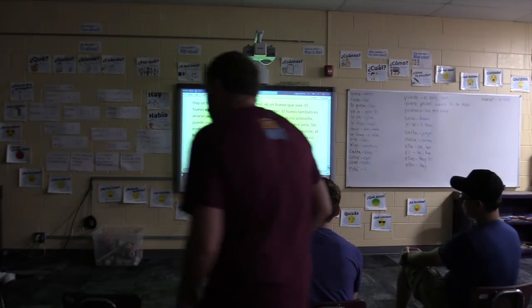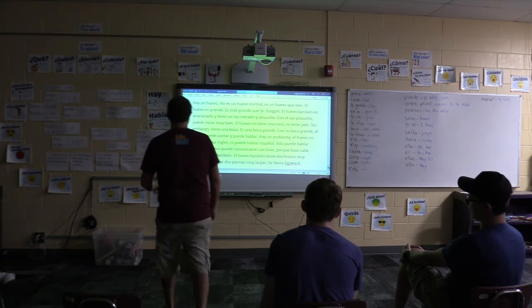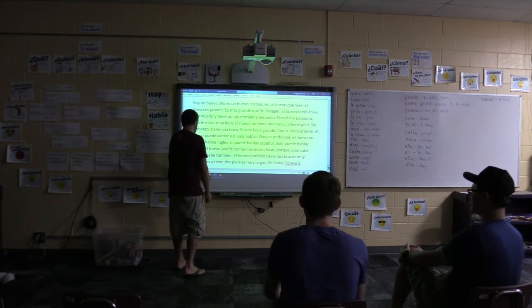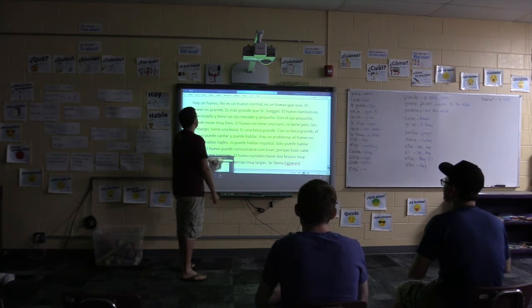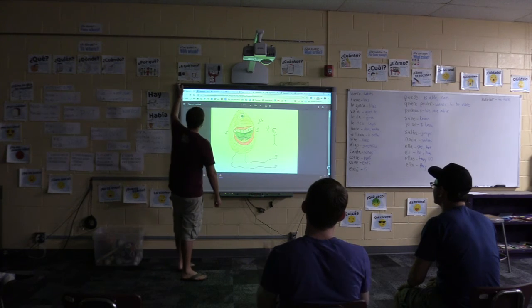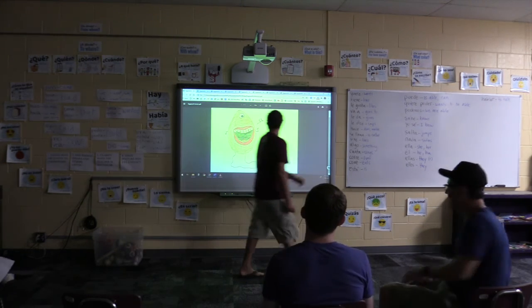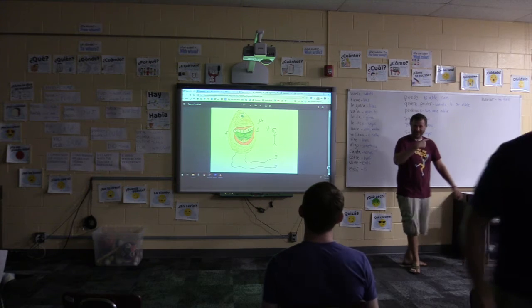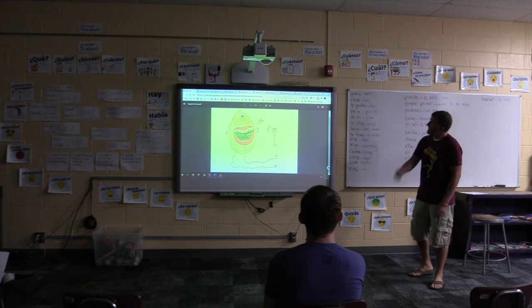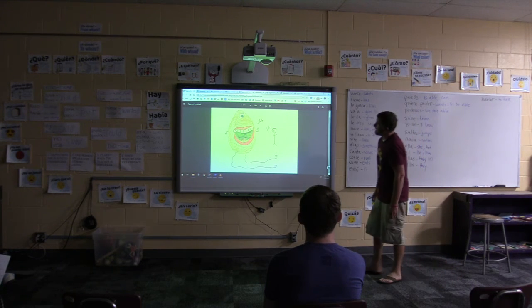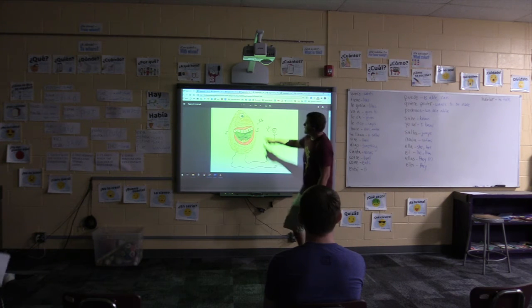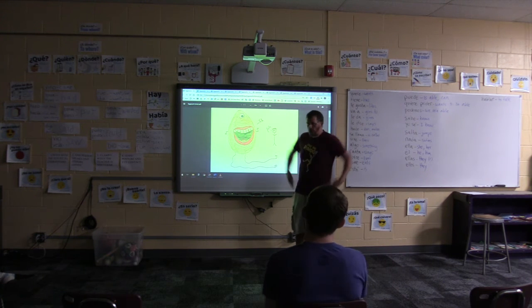Tiene muy largas las piernas. Se llama Edward. Can I get a drum roll, please, for Glenn's amazing artwork? Boom. Me gusta. Me gusta el arte de Glenn. Es fantástico. ¿Es un perro? No. ¿Mono?